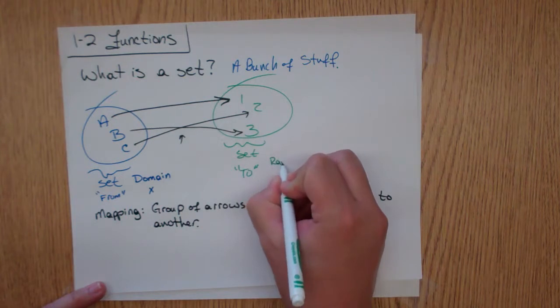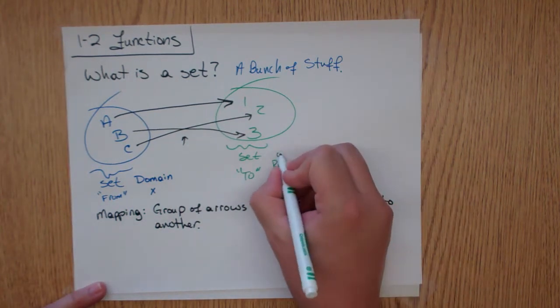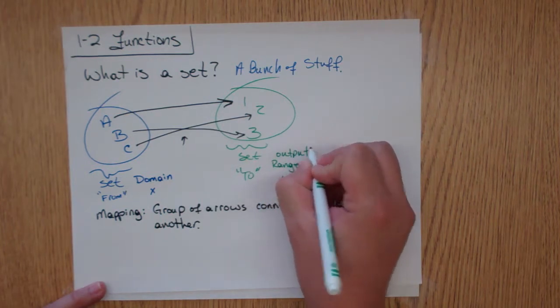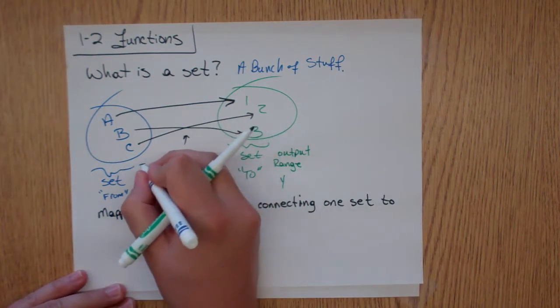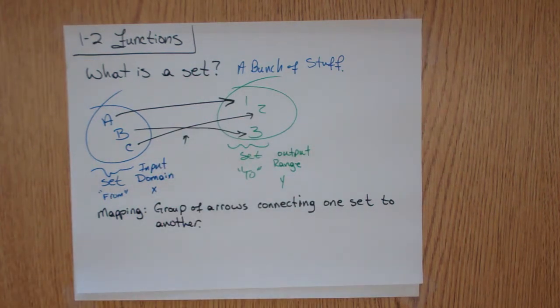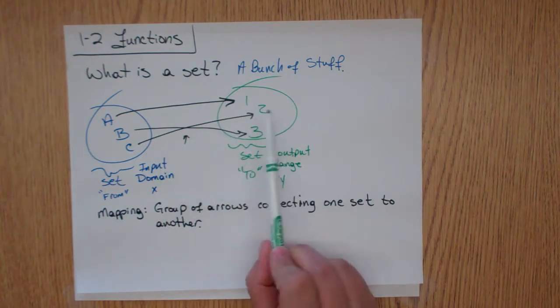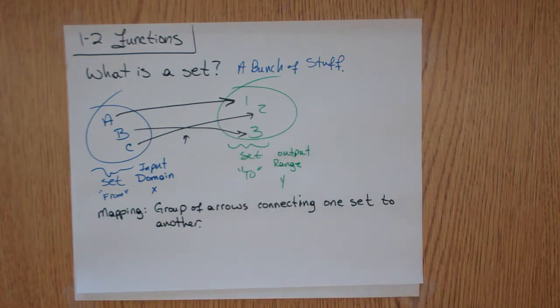That means this is our range, or our Y values. So this is our output and our input. Very important to remember that. Your from set is your input, your domain, or X, and the set you're going to is your output, your range, or your Y.